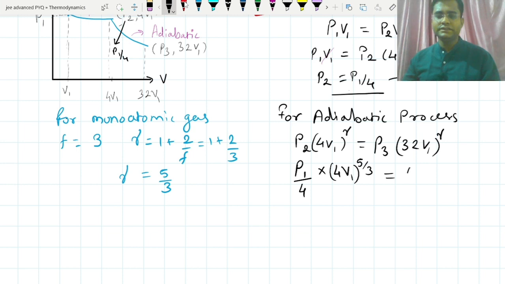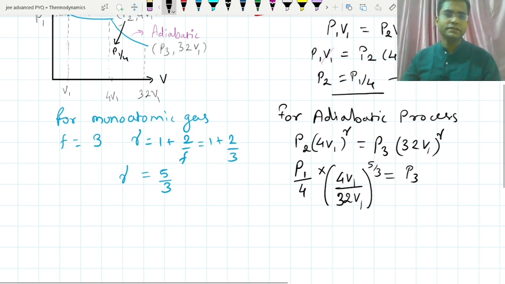We are interested in P3, so let's take 32 V1 raised to gamma also on this side. Gamma power you can take common, so this is power gamma, which is 5 by 3. This will be 4 V1 on this side, and 32 V1 will come in the denominator.